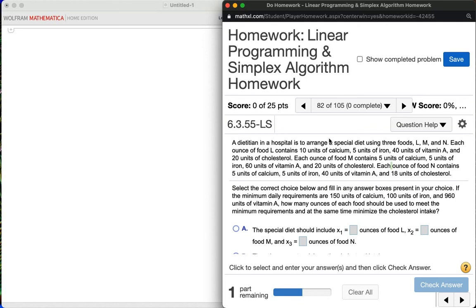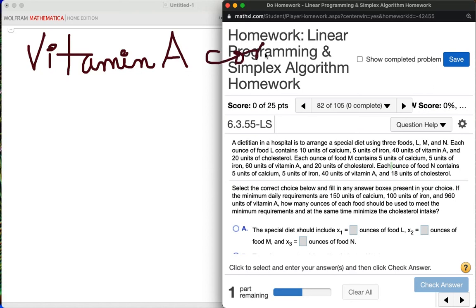Next, we need the vitamin A constraint. I'm using this app that enables me to draw with my trackpad, but it's a little tricky.